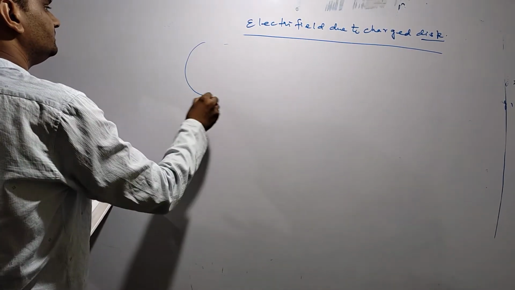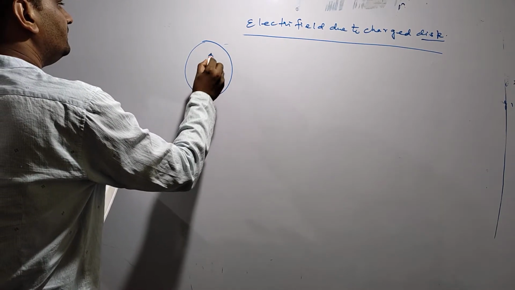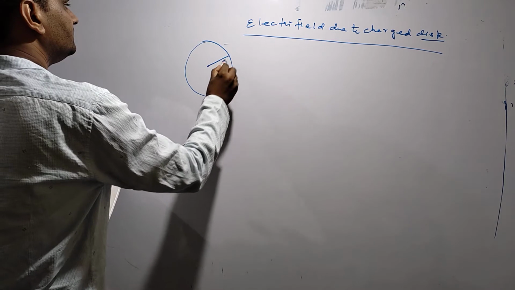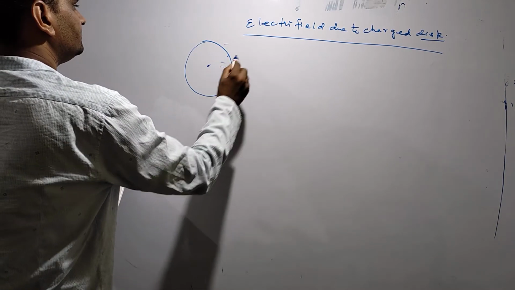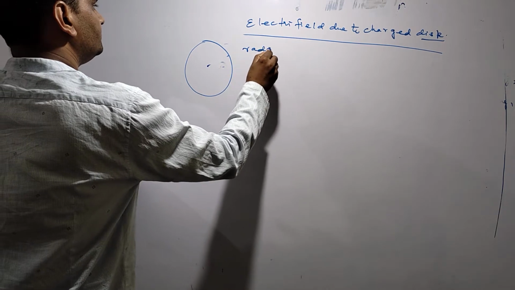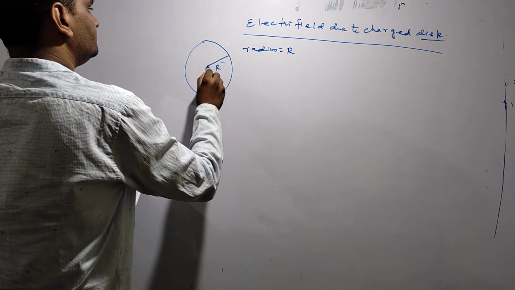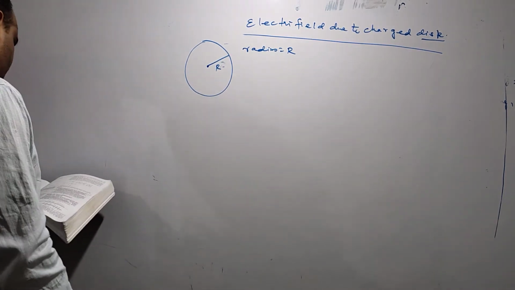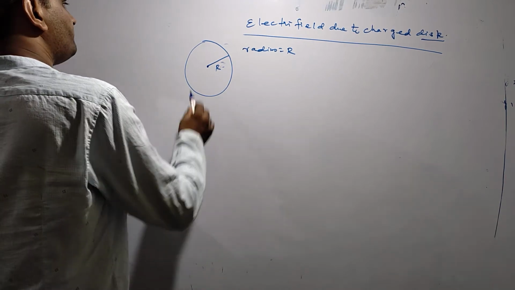This is a disk, and its radius is r. This is r, this is the center.